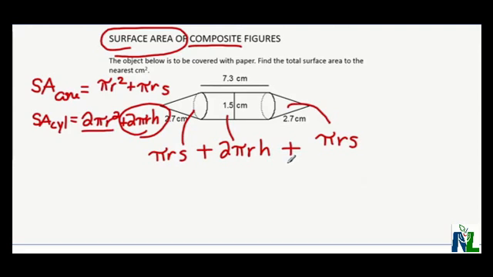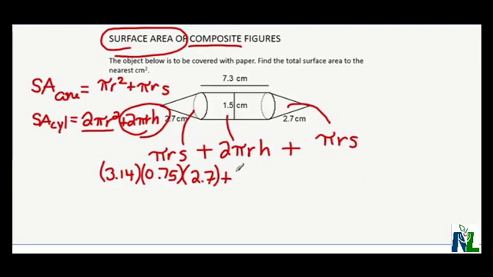So it's just a matter of plugging your numbers into your calculator. If you don't have a pi button, use 3.14. The radius of our cone, it gives us the diameter as 1.5, so the radius is only 0.75, and the slant height is 2.7.